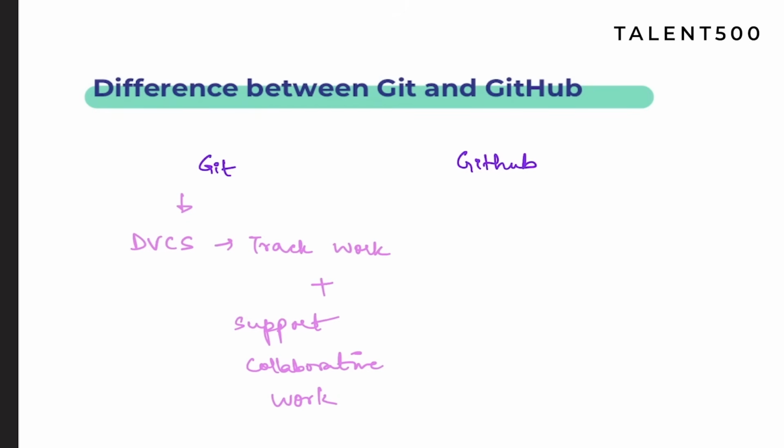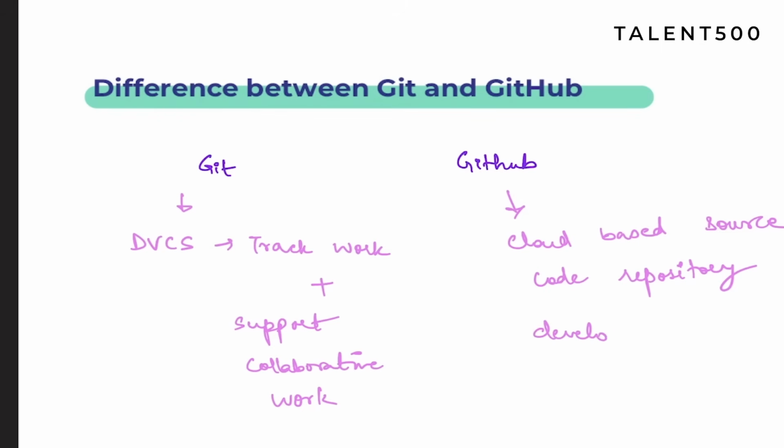On the other side, when you talk about GitHub, so what is GitHub? This is nothing but a cloud based source code repository. And when you talk about this, who has developed it? So Git has only developed it. So we can say developed by Git.